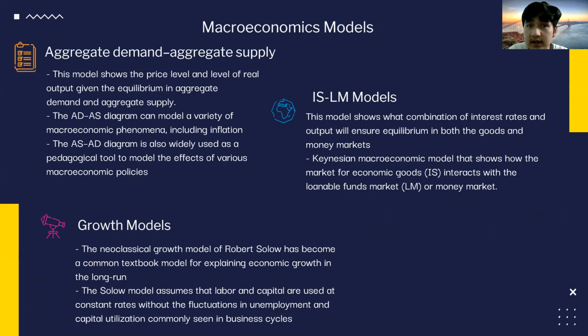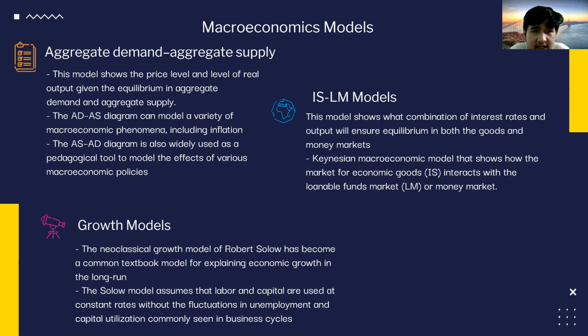Next, we will discuss macroeconomic models. There are three main macroeconomics models. The first is aggregate demand and aggregate supply. These models show the price level and level of real output given the equilibrium in aggregate demand and aggregate supply.